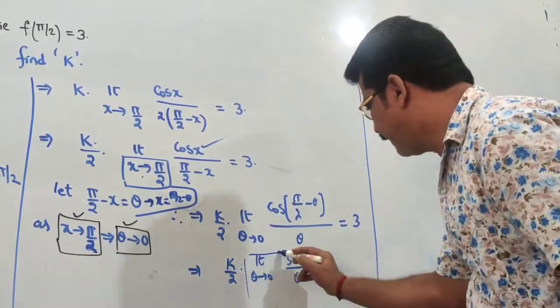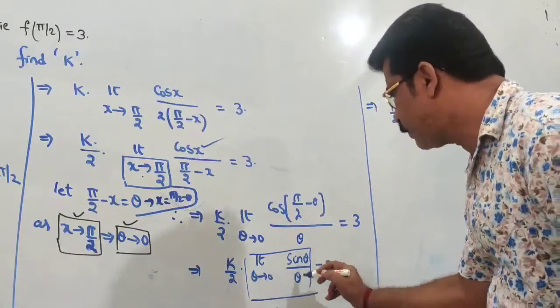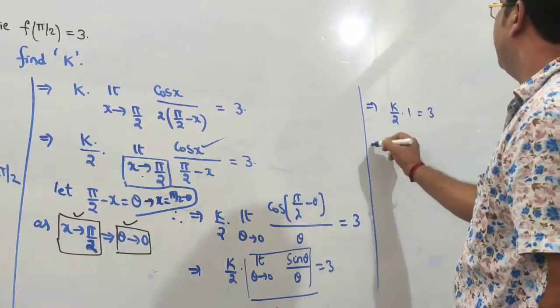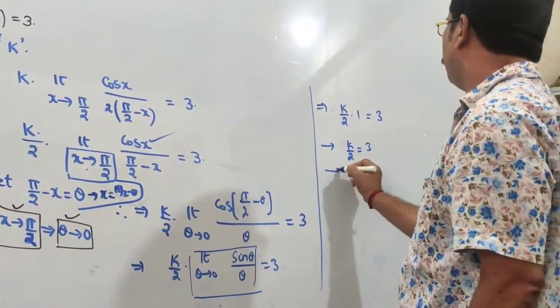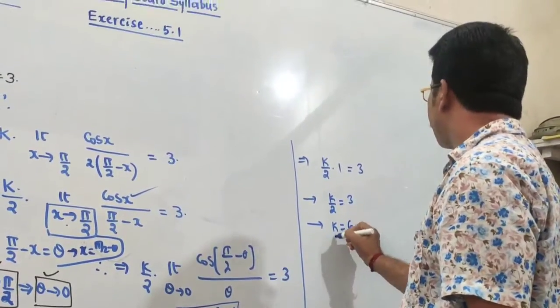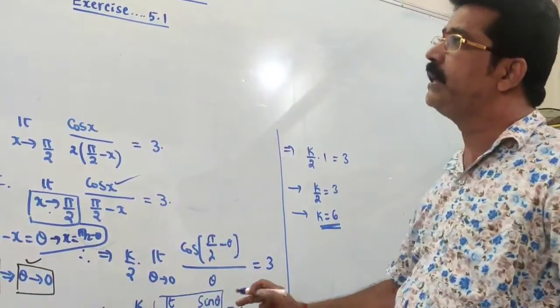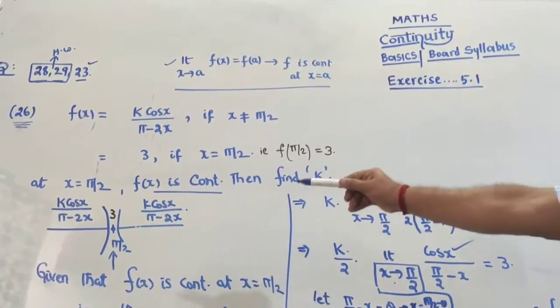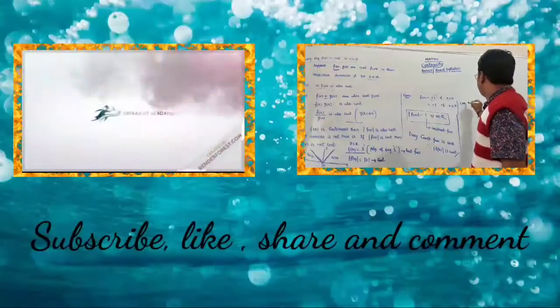This is the standard result, already said in 11th standard: limit theta tends to 0 of sin theta by theta is 1. So k by 2 is equal to 3. Clearly, k value is 6. Therefore, if k equals 6, then only the given function f of x is continuous at x equal to pi by 2. Hence the problem is solved.